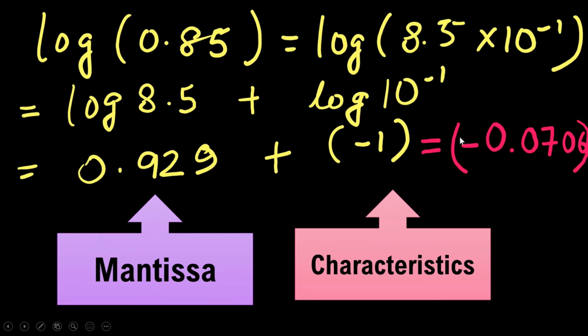You cannot say that 0 is the integer value, so 0 should be the characteristic. No, you have to first write it in this format, and then you can calculate the characteristic and mantissa. Overall, we will see that minus 1 plus 0.929 gives 0.0706, the net value, which is the logarithmic value of log of 0.85.